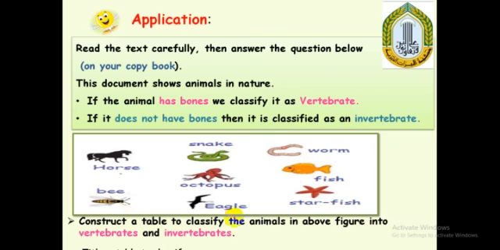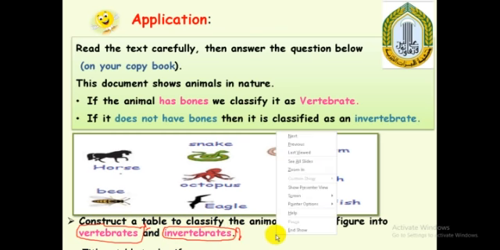We read the question again. So we have to classify the animals into vertebrates, which will be our first subtitle for the first column, and invertebrates, which will be our second subtitle for the second column. Okay? And here, do we have to draw any lines for the rows?